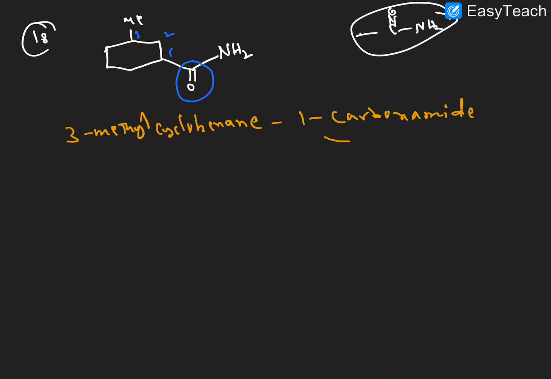So generally we call it amide, but whenever it is present on a cyclic ring, we call it carboxamide. So this is about that functional group.